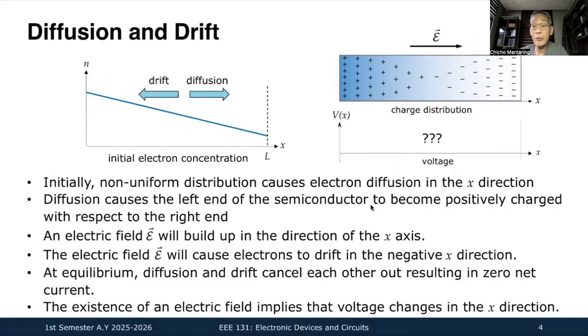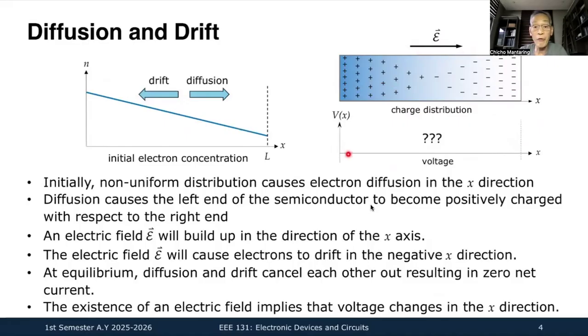But then your electric field will stay there, because you have net positive charges here and net negative charges there. If the electric field disappears, what will happen? There will be diffusion again. So the electric field will have to stay there. Now, what does that imply? Whenever you have an electric field, that means there is a potential difference between the left side and the right side.